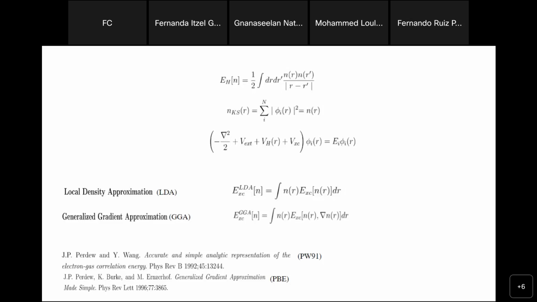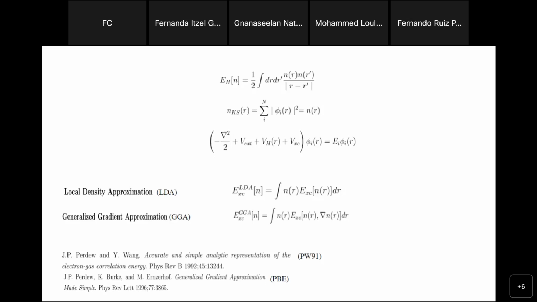But the problem is that the density fluctuates locally. So the generalized gradient approximation takes into account such fluctuation by writing the exchange correlation energy as a functional of the density and the gradient of the density.